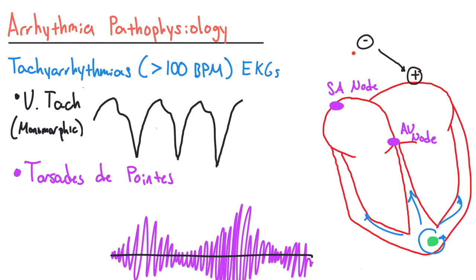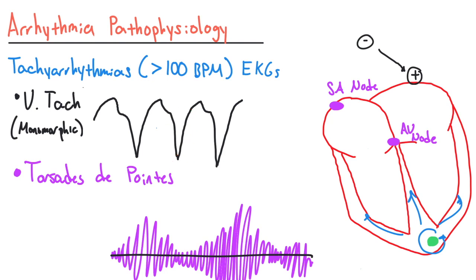Any positive action potential that is moving from the negative towards the positive, positives towards positives, is an upward deflection in the EKG. Conversely, a positive depolarization moving away from the positive potential will be a negative deflection in the EKG. Thus, because these signals are coming from the ventricle itself, we are going to see an inverted QRS complex.